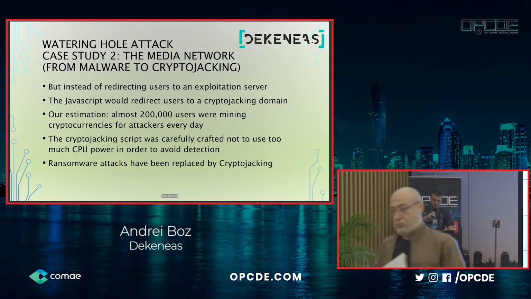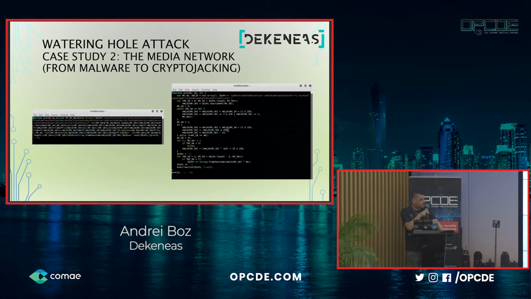This is how the cryptojacking script would look. As you can see, again, nothing suspicious, nothing that could raise any suspicions to an antivirus product or a firewall. This is the decoded version of the script on the right. Still, multi-layered encryption.